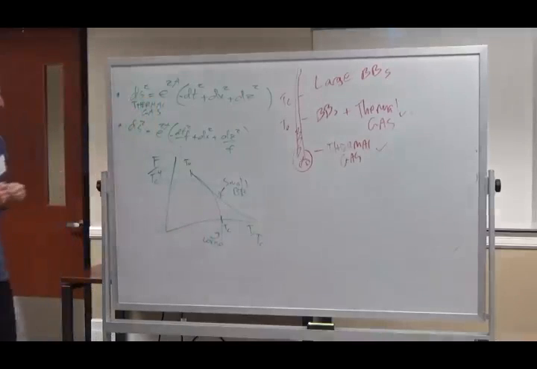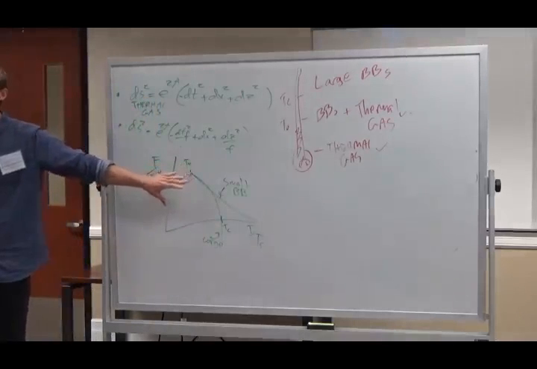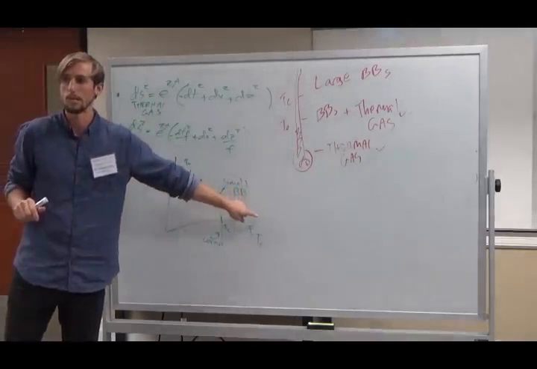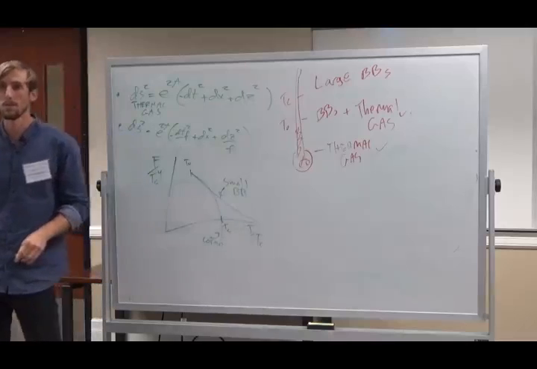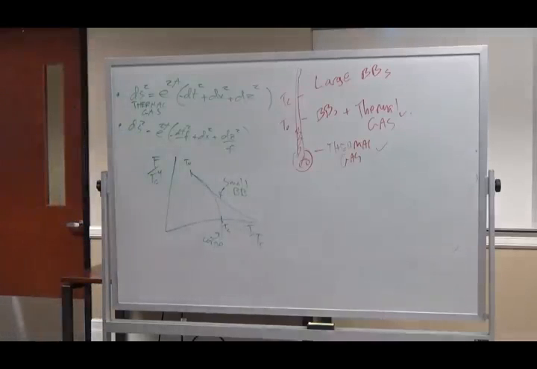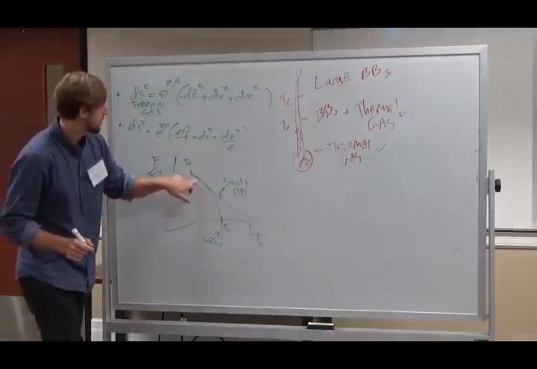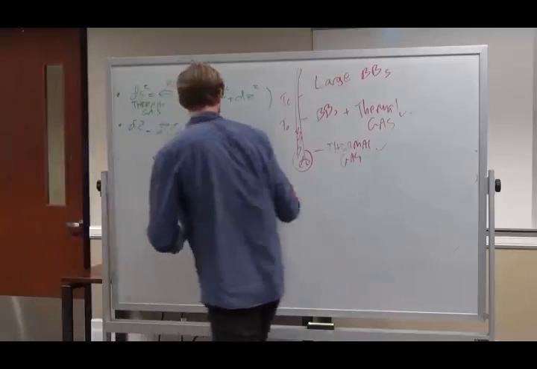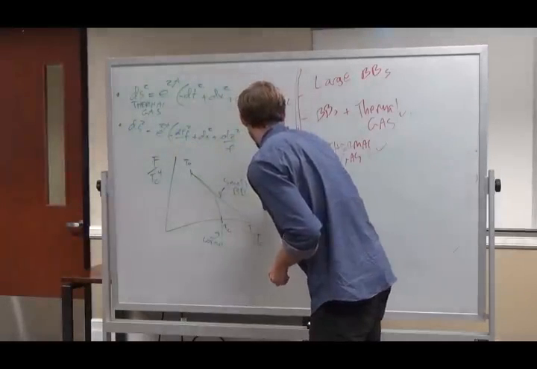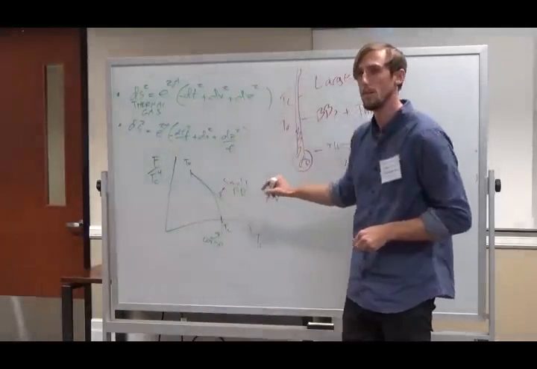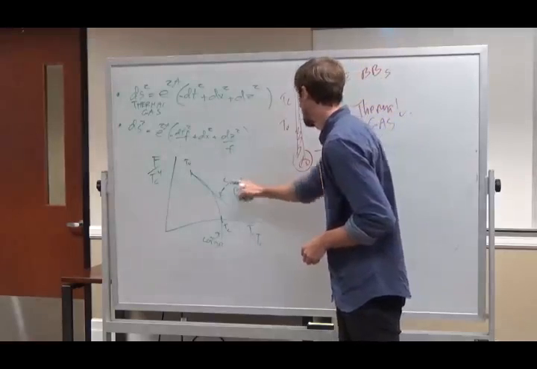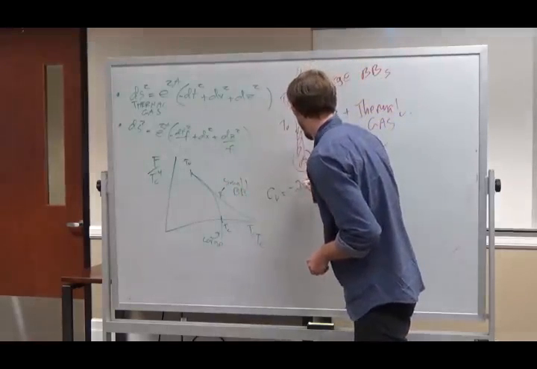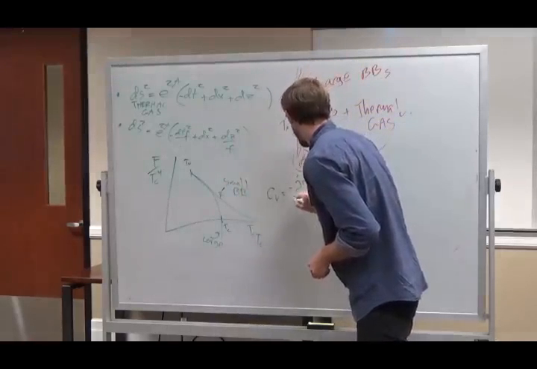Okay, so what I want you to take away from this plot is that even though these small black branes exist, they never dominate the thermodynamic ensemble. They're never the preferred solution. And from this plot, you can see they also have the interesting feature that their specific heat is negative. So, positive curvature, T squared.